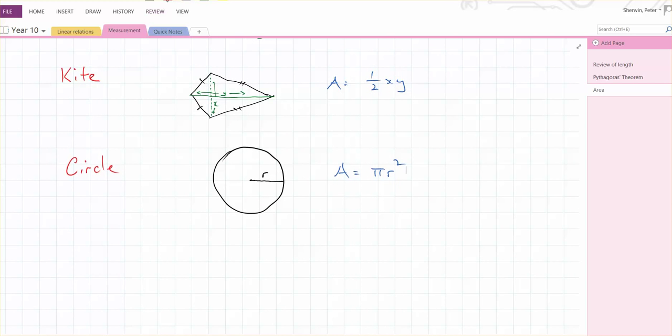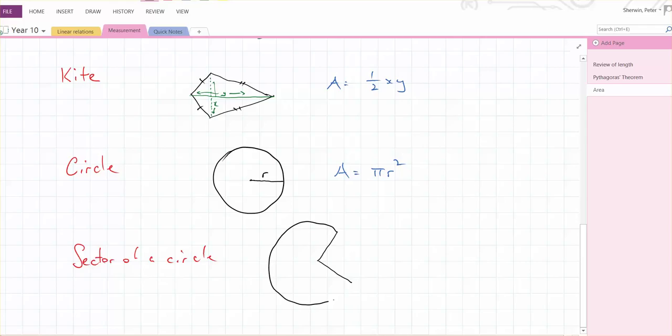Now if we look at the sector of a circle, then just as we did in trying to find the perimeter, we need to be aware of how much of the circle we have. So if that's the circle, this is our radius right here.